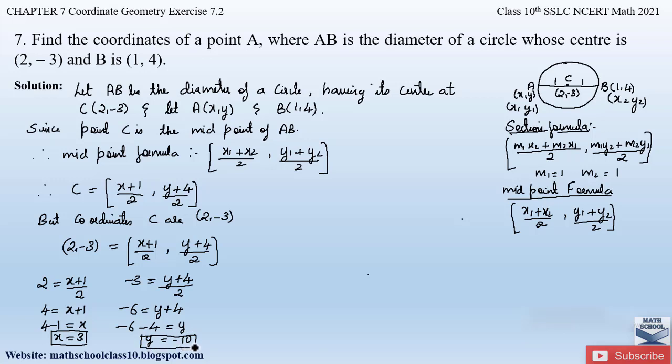So the coordinates of point A are x equal to 3 and y equal to minus 10. That is what we had to find out, right? So this is how we solve this problem.